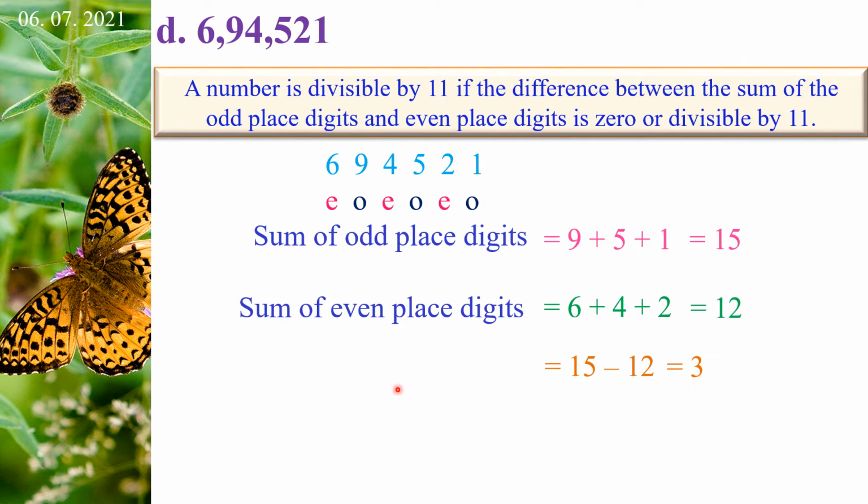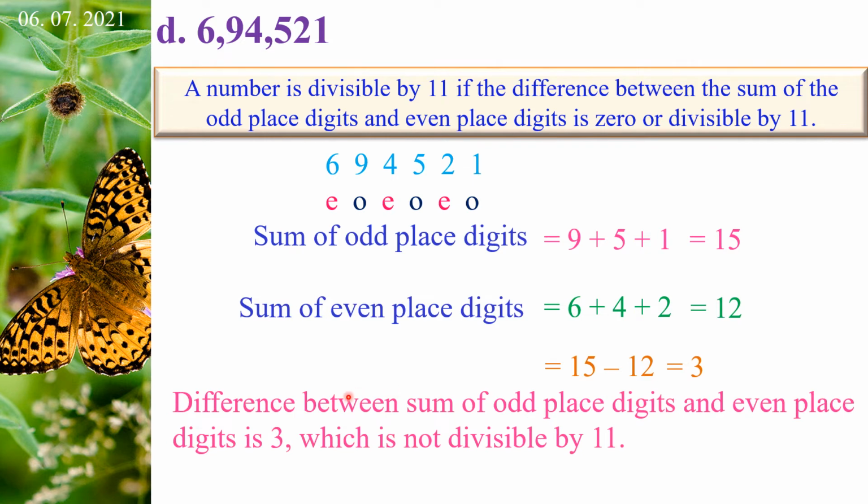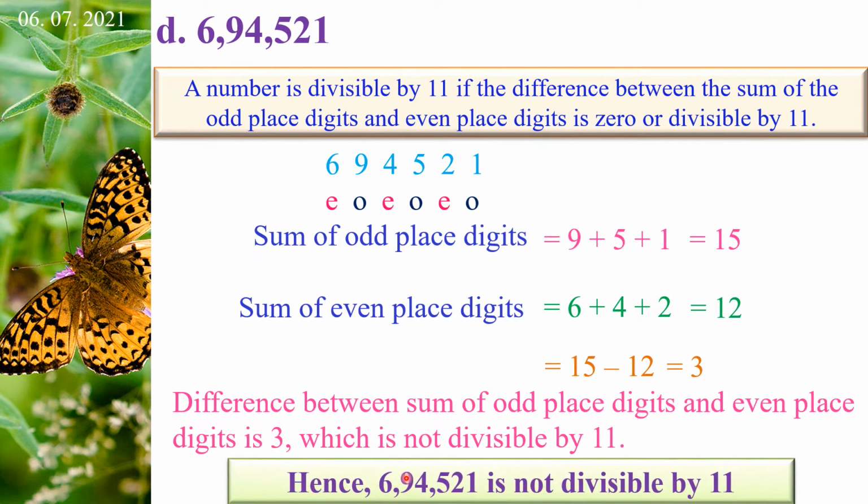So we can write the difference between the sum of odd place digits and even place digits is 3, which is not divisible by 11. Therefore 6,94,521 is not divisible by 11.